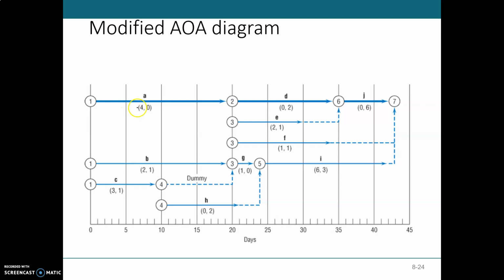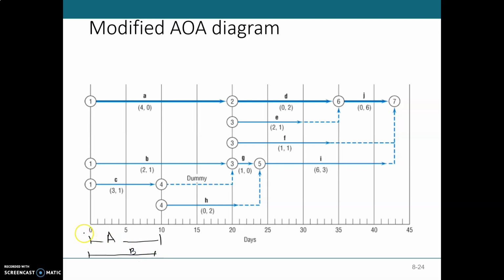For the first 10 days, 4 plus 2 is 6, plus 3 is 9 resource A are present. So this is resource A for the first 10 days, and of course resource B will be also here. Resource B will start with activity B, and for activity C there is also resource B.